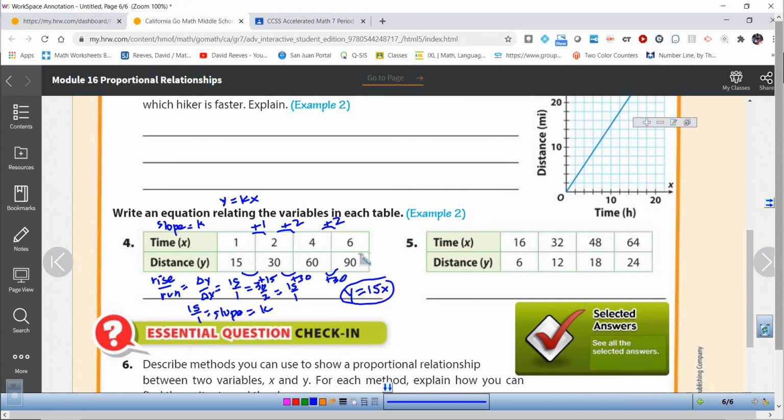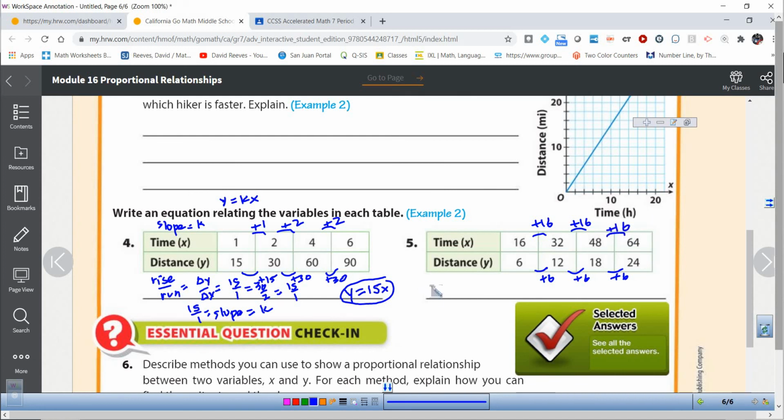They're just that number times 15. 6 times 15 is 90. 4 times 15 is 60, and so on. This one right here, if we take a look, plus 6, plus 6, plus 6, that's our change in y. All right, 16 to 32, that's plus what? Plus 16, plus 16, plus 16.